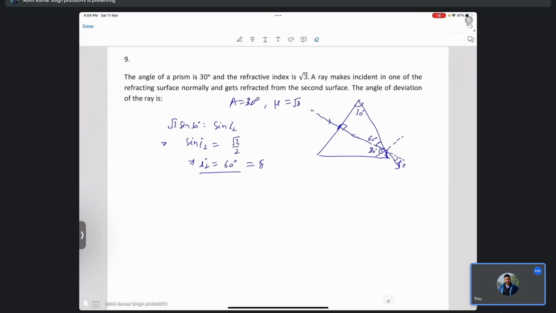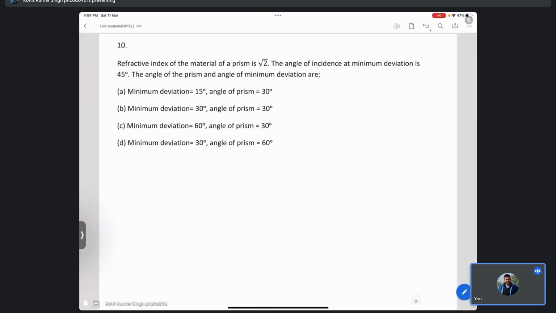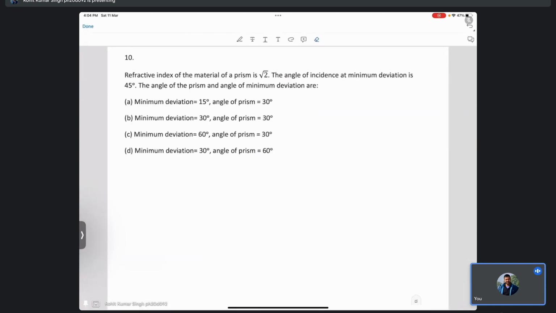Then let's move to the last problem. Here the refractive index of the material of the prism is given, which is under root 2. The angle of incidence at minimum deviation is 45 degrees. The angle of the prism and the angle of minimum deviation are asked. And this one is a simple problem.